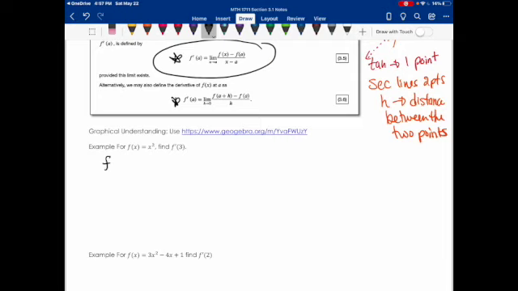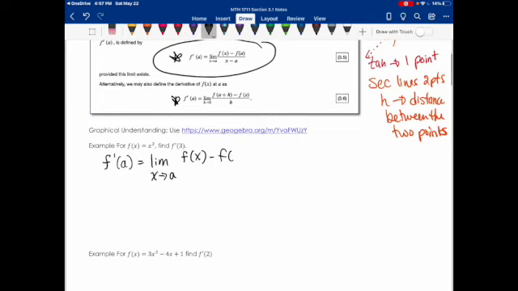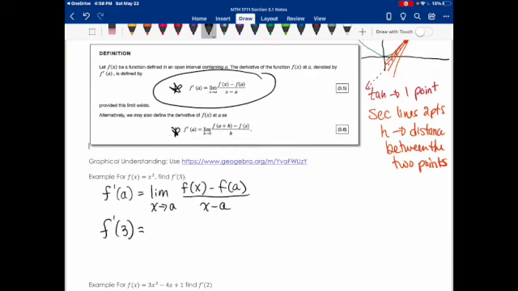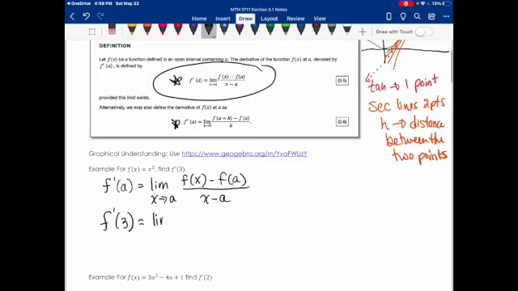So I'm going to use the first equation for the definition. In this example, the point of interest is 3, so that's our value of a. Everywhere I see a, I'm going to plug in 3. I'm going to look for the slope of the line that touches the curve x squared at that one point, x equals 3.